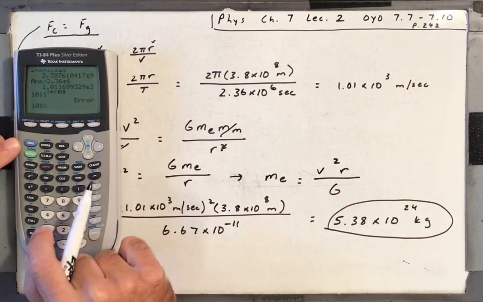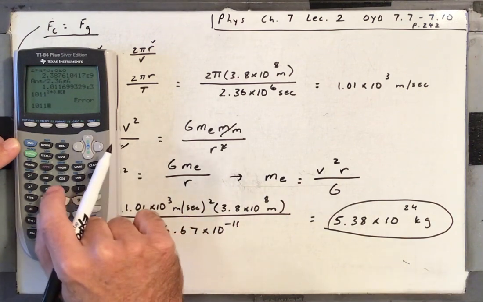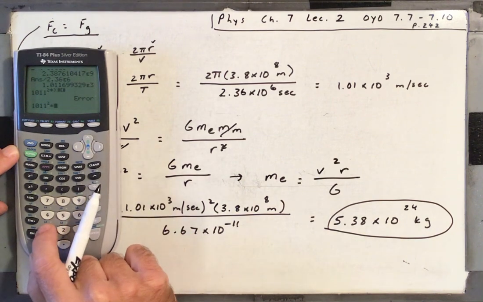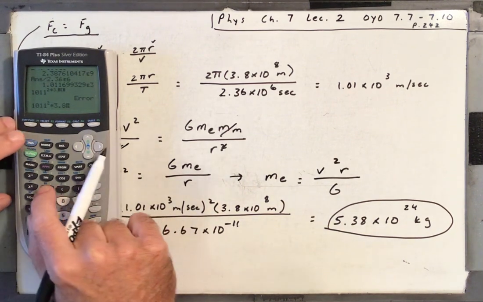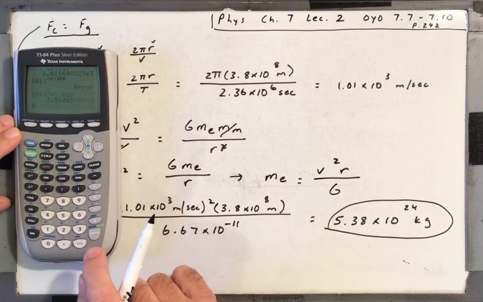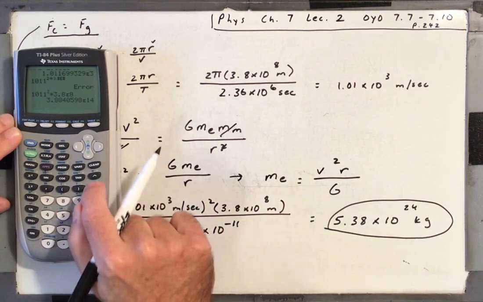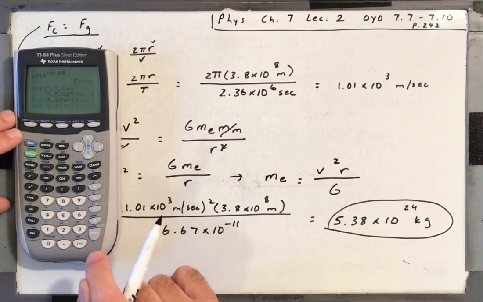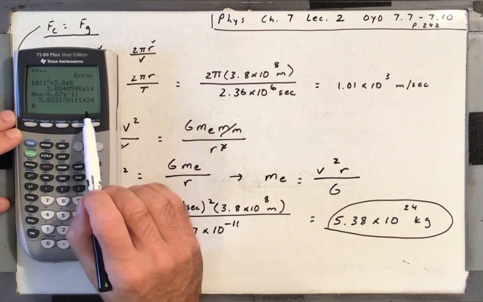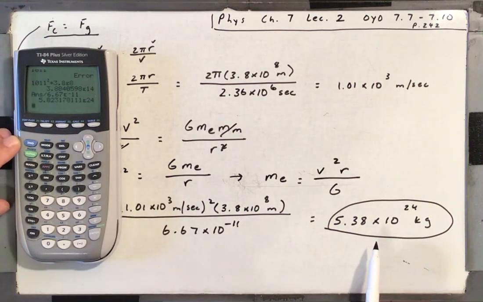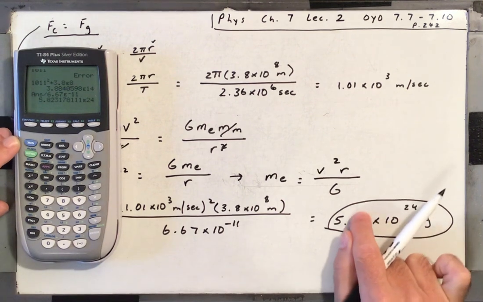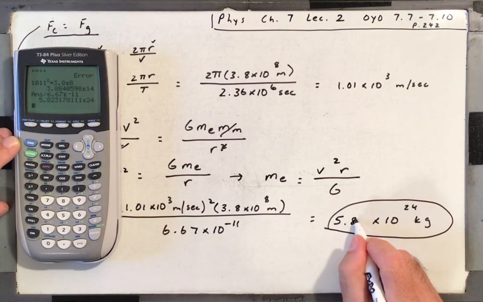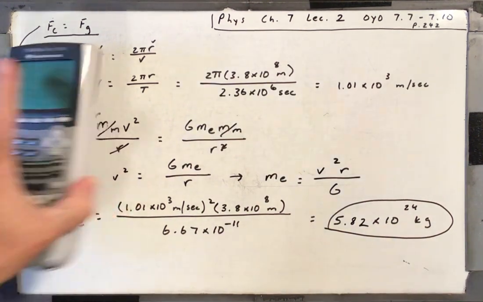All right, 1011 squared times 3.8 times 10 to the 8th, and divide that by 6.67 times 10 to the minus 11. All right, 5.82 times 10 to the 23rd. Oh yeah, I pulled a little bit of dyslexia there. 5.82. So sorry about that.